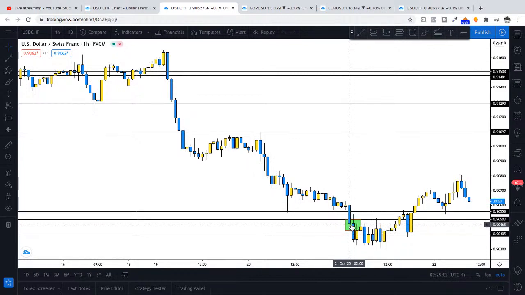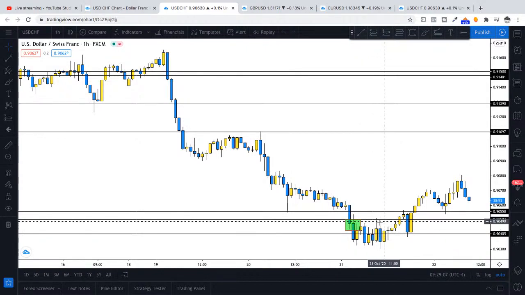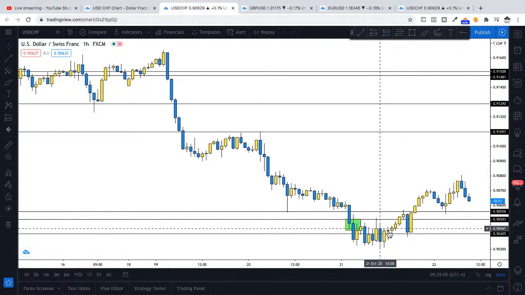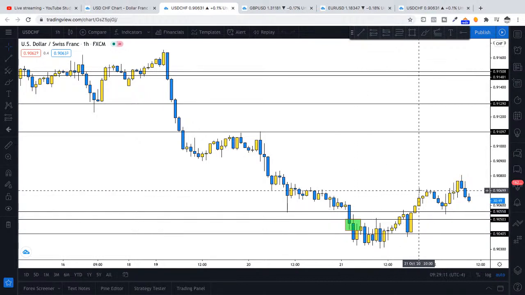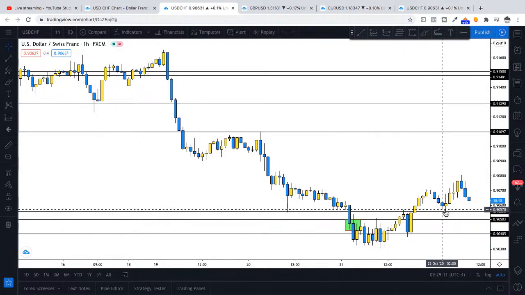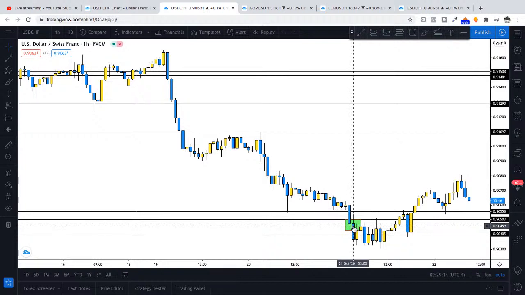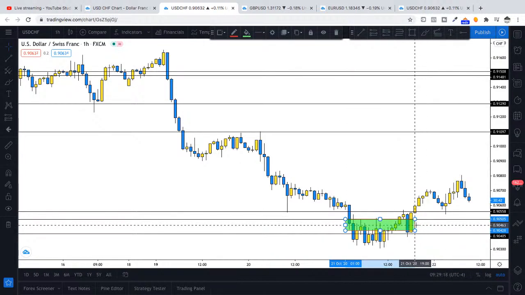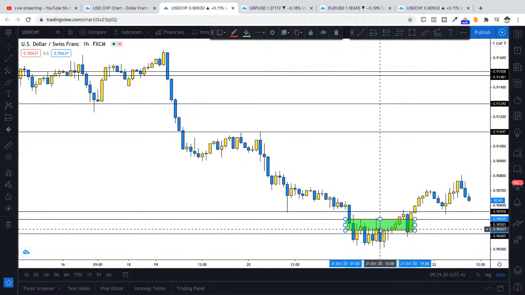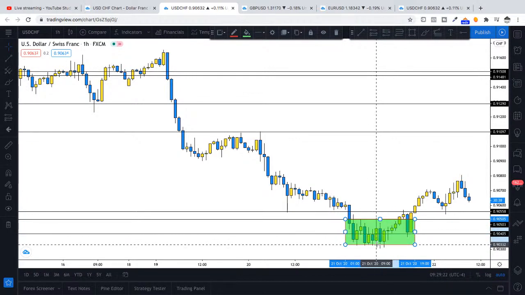We're scoping out this area. But as you can see what price does, it just kind of consolidated in this area for a while before moving into that move. So this here is what I was looking for, but I just like to see how price makes its moves. So you don't want to expect immediate reactions when it gets to these zones.